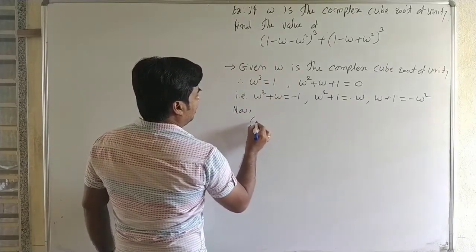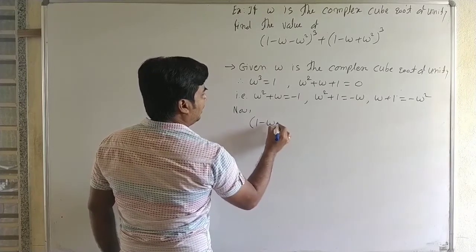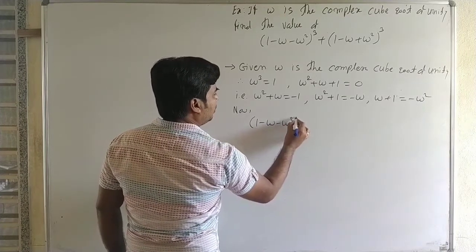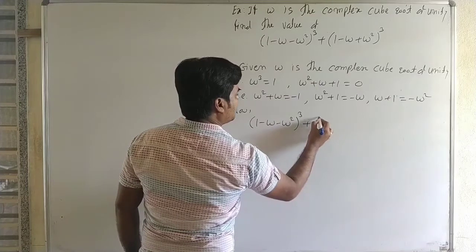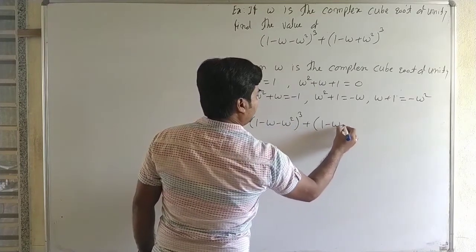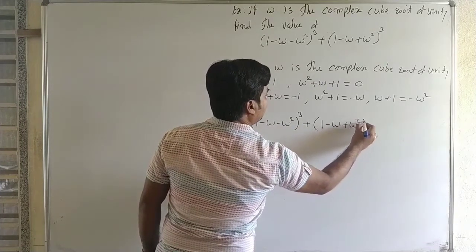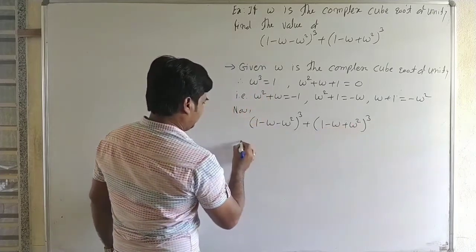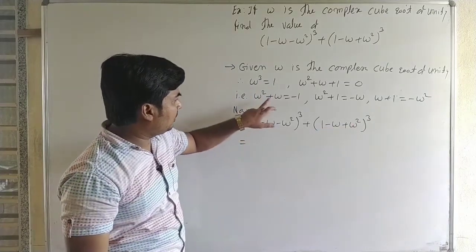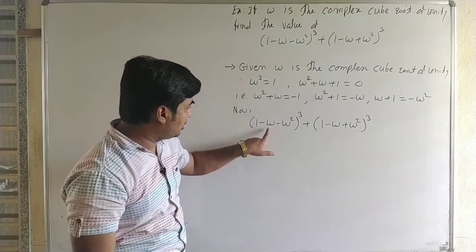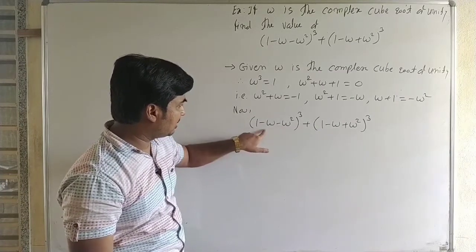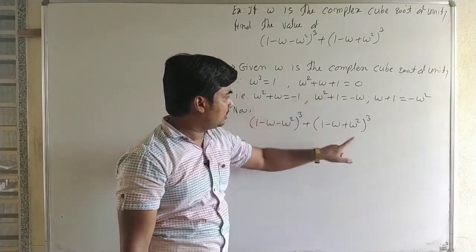Therefore here 1 minus omega square whole cube plus 1 minus omega plus omega square cube is equal to, here we know that the value of omega square plus omega, here it is minus omega square minus, take minus common, and here omega square plus 1, already given.